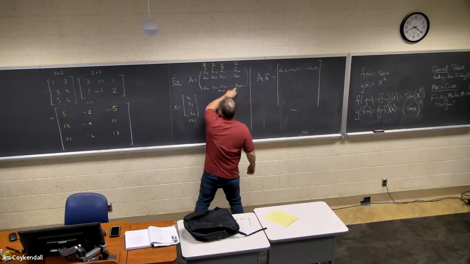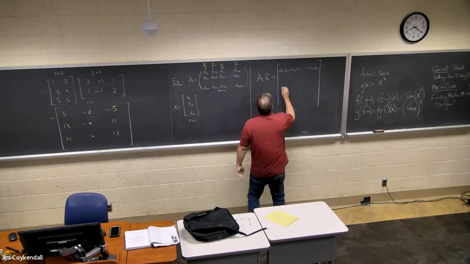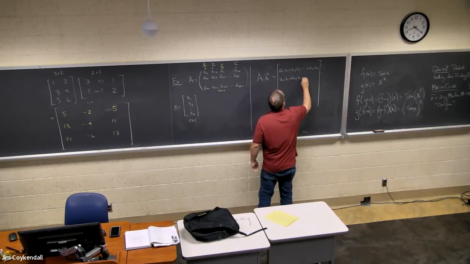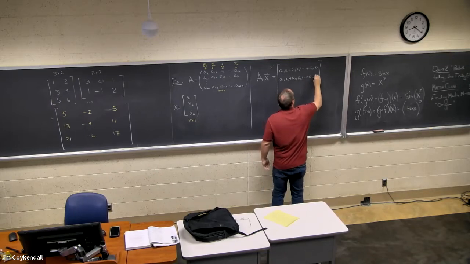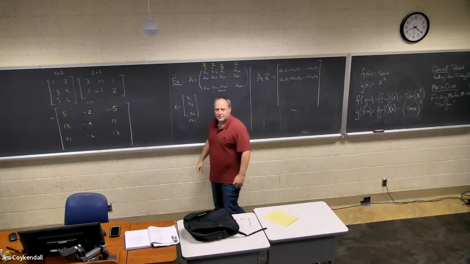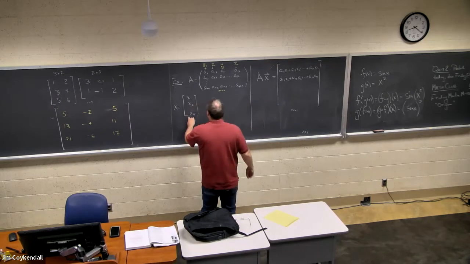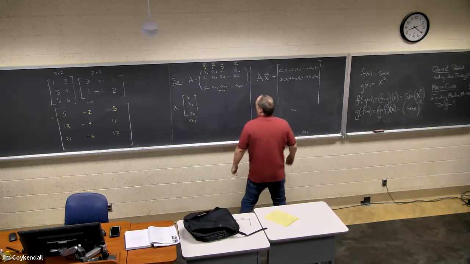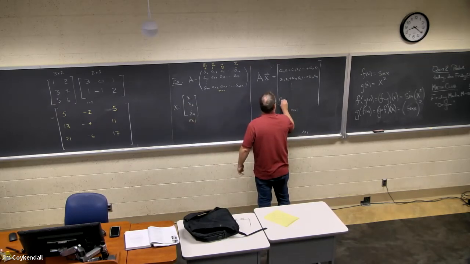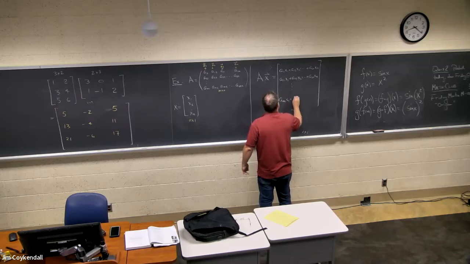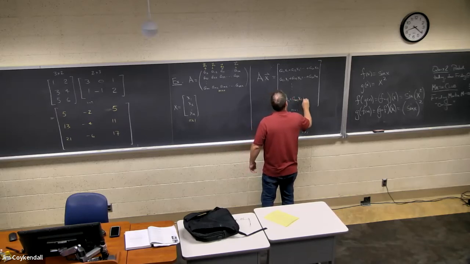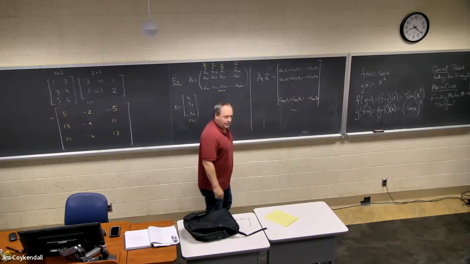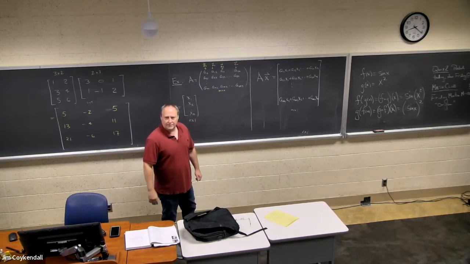It should be the second row times the only column I've got. So it's A21 X1 plus A22 X2 plus up to A2N Xn, like that. And I keep going. And in fact, what's the last entry? It's the last row times this column. So this is AM1 X1 plus AM2 X2 plus up to AMN Xn. Everybody comfy with that so far?